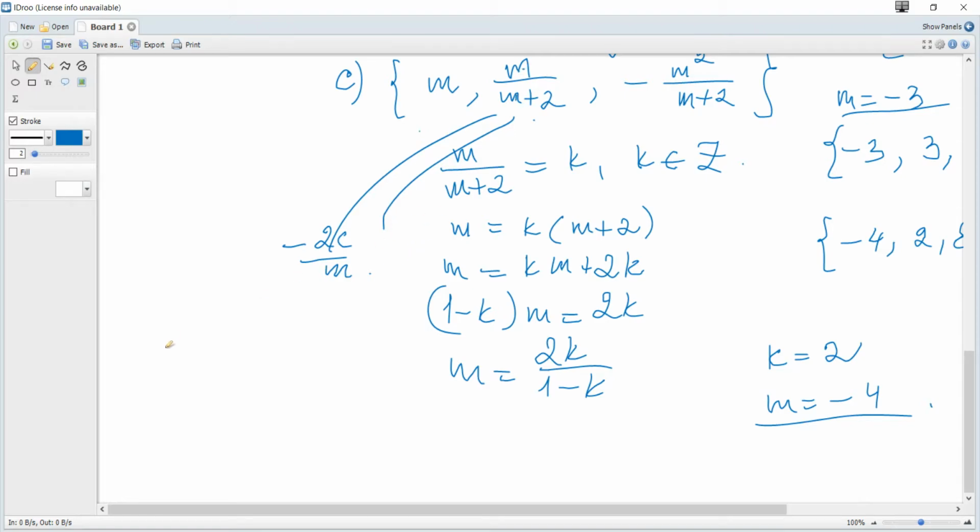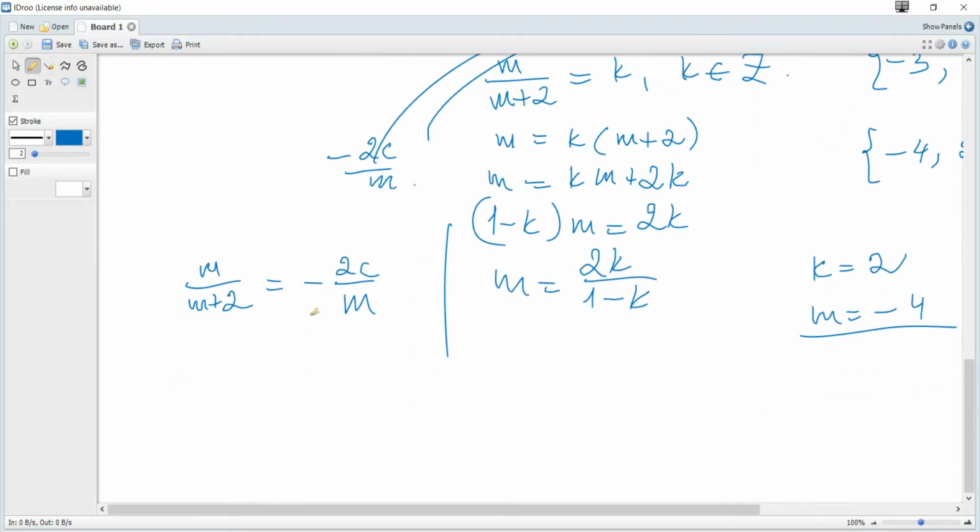Let's just equate this, and it's very important that we should get integer values, so it's -2c over m, and if you rearrange and get a quadratic in terms of m, you get the same.